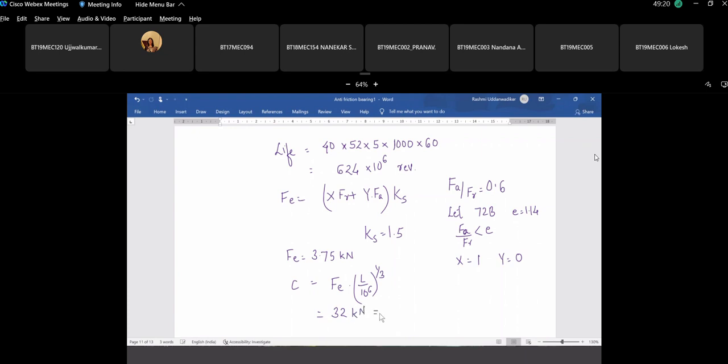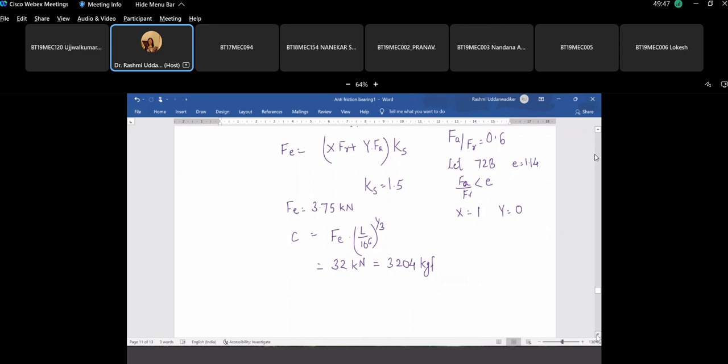In kgf, this is how much? 3204 kgf. So if it is 3, what is 3.2? Yes. 32 kilonewtons. For this value of C, check for the ball bearing. Check for the angular contact ball bearing.